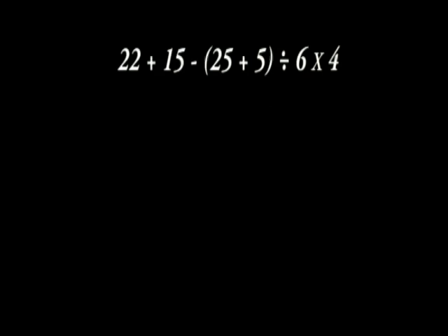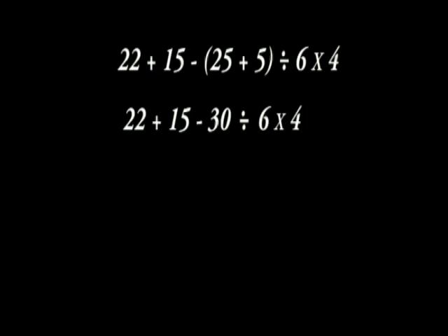giving us 30. So we have 22 plus 15 minus 30 divided by 6 times 4. We then do the division and have 30 divided by 6 giving us 5.